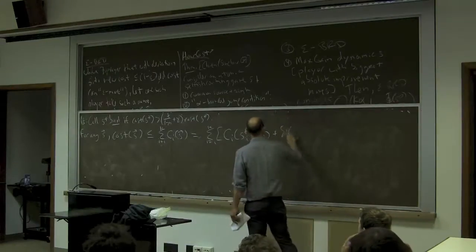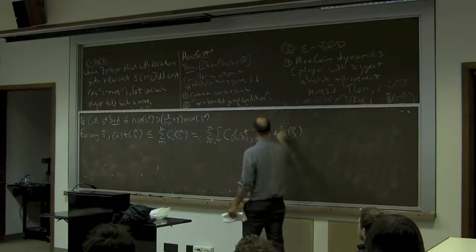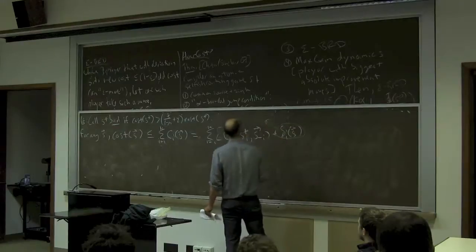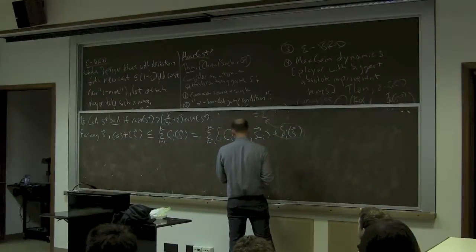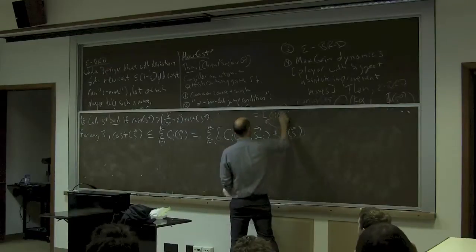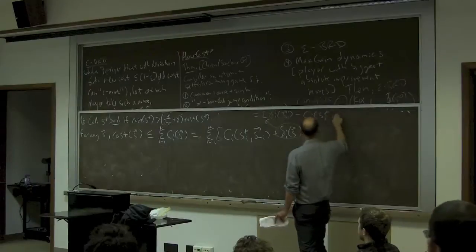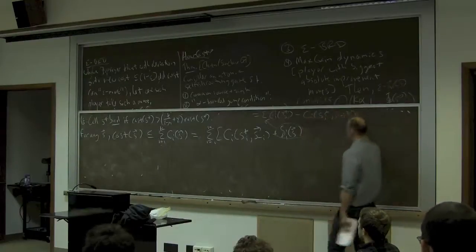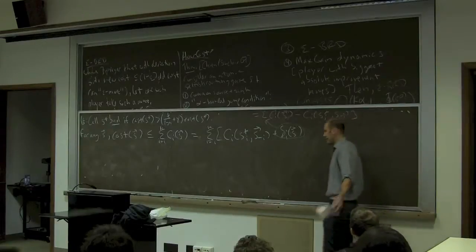So now let me just write plus delta i of S, which I define to make the equality hold. This is just equal to the cost drop when it switches. Okay, so this is how much i's cost drops when it switches to S star i. Could be positive, negative, or zero.